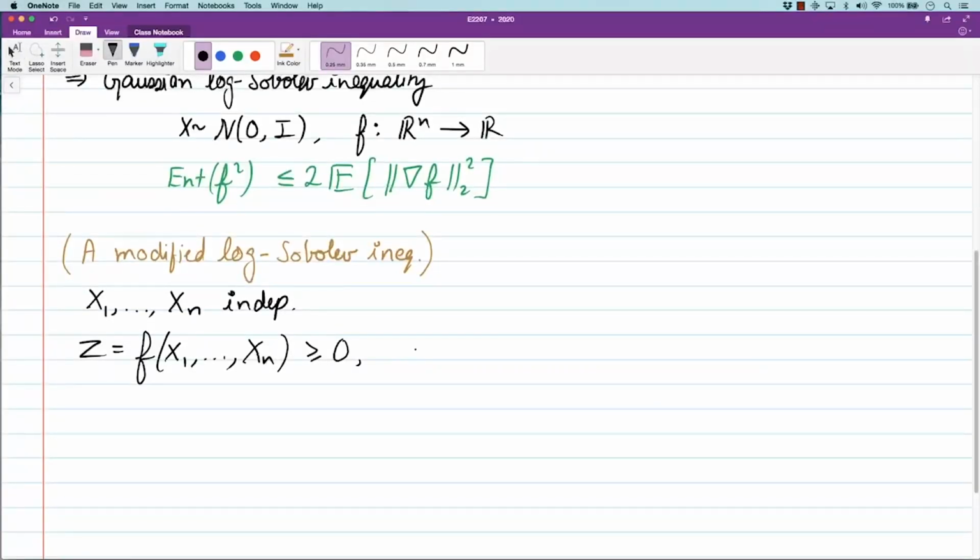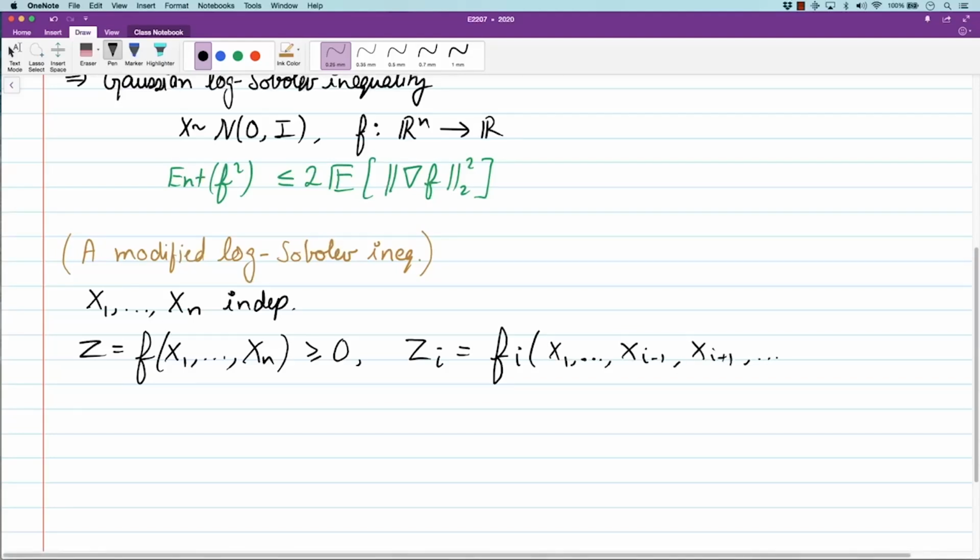We define another random variable Zi, which is some function, let's say fi, of x1 to xi minus 1, xi plus 1 to xn. It can be any function.